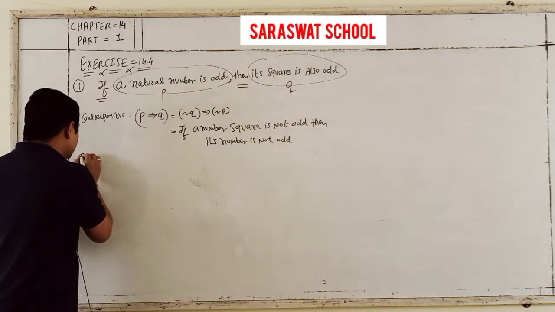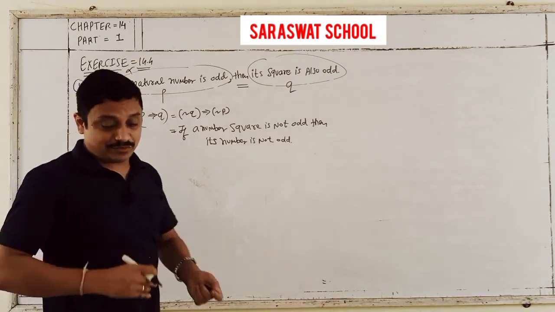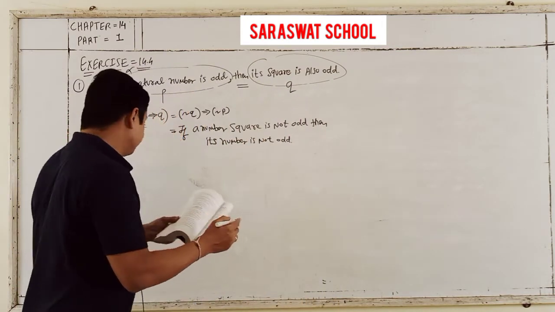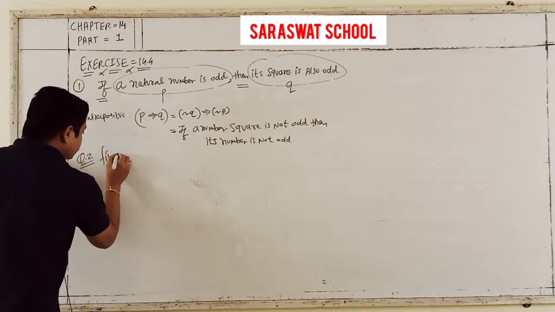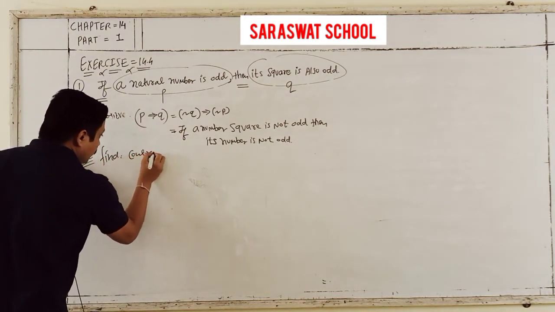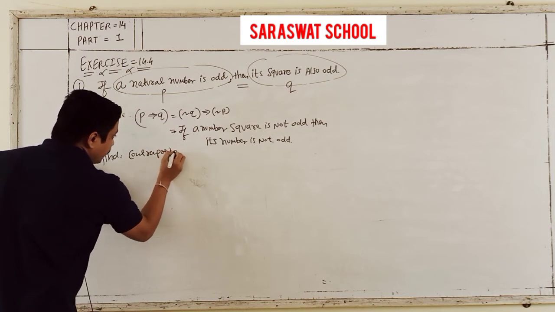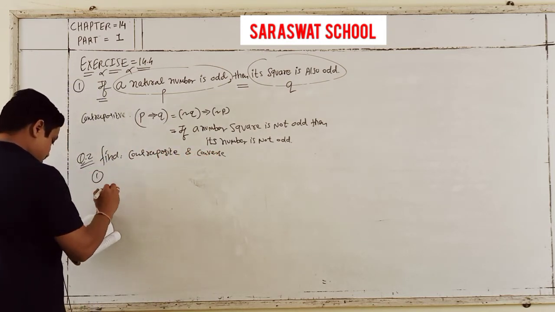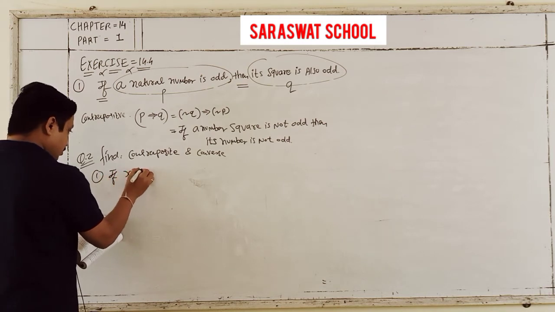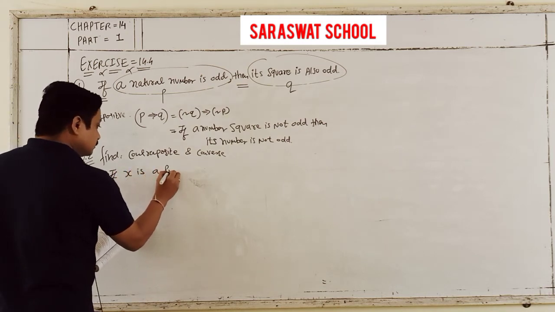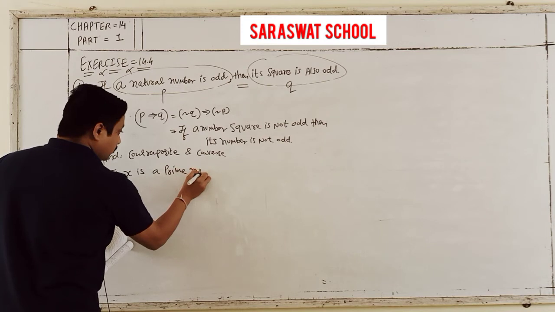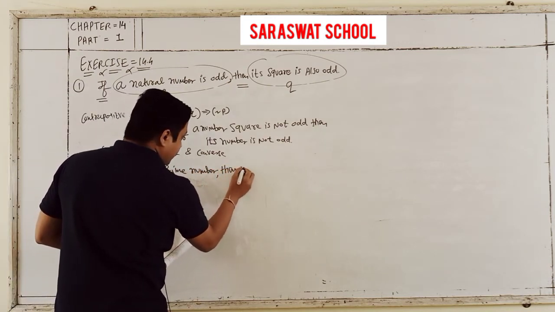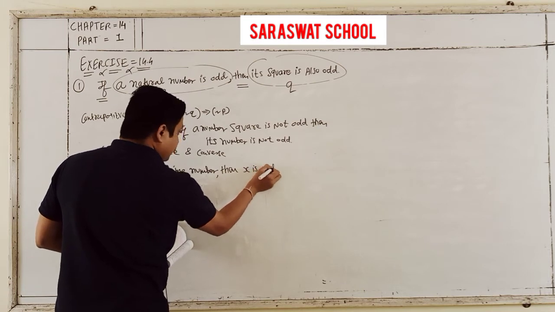Now I go to question number 2. Write down the contrapositive and converse. Find the contrapositive and converse. Very easy. If x is a prime number, then x is odd.